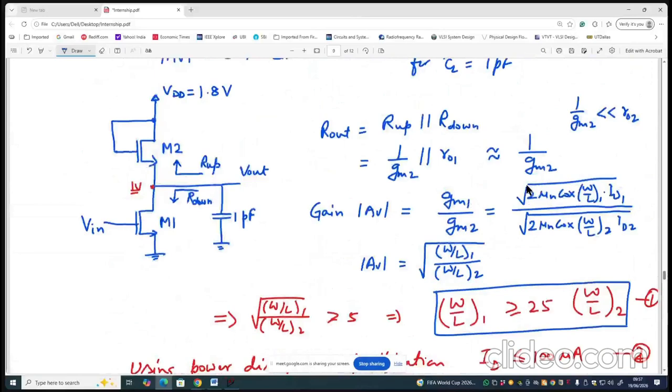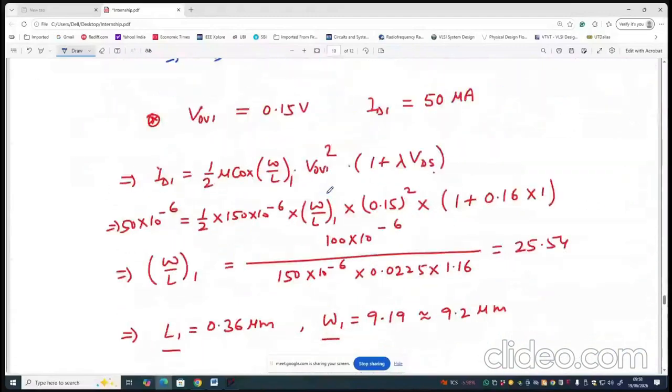We are assuming that the voltage here is 1 volt DC. So VGS for this transistor, VGS2, will be how much? 0.8 volt. Gate is at 1.8 volt and source is at 1 volt, so VGS will be 0.8 volt, right?